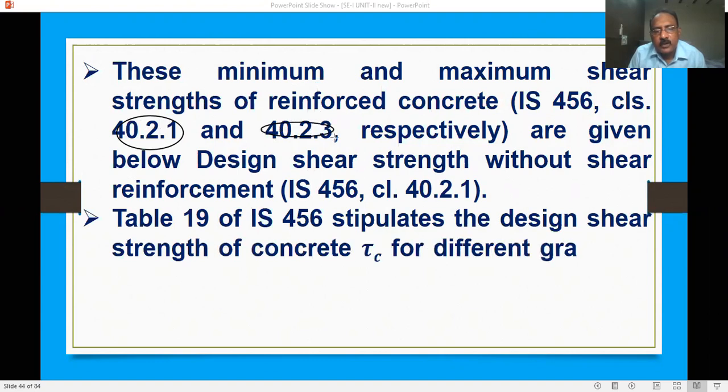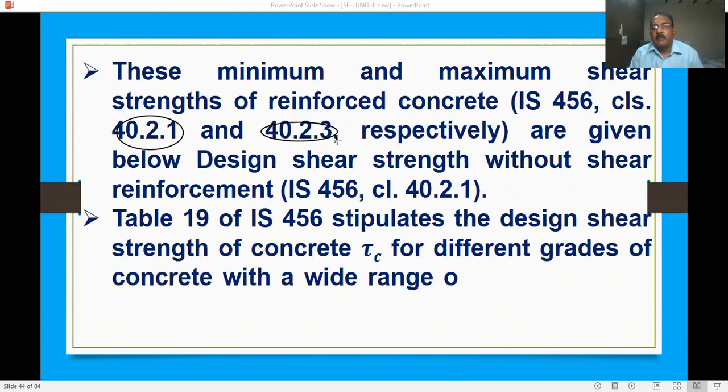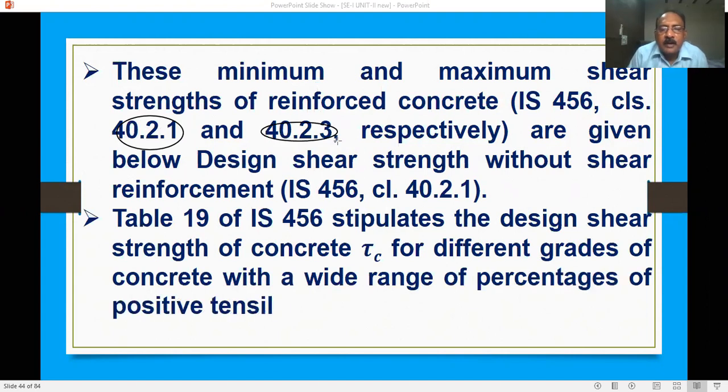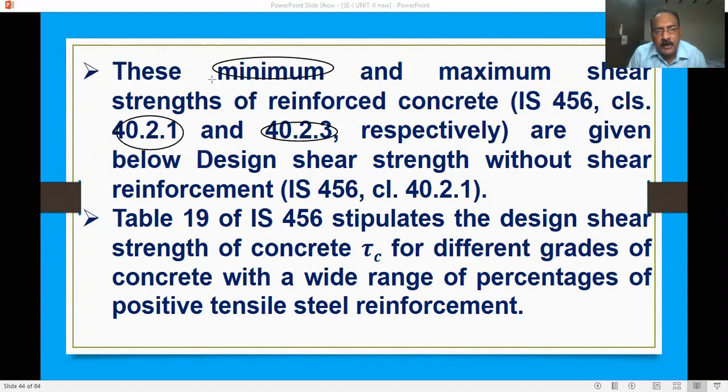However, I will show you in the next slide the minimum and maximum shear reinforcement of this clause given in the tables in IS 456. One is minimum reinforcement, which depends upon two factors, percentage of tension reinforcement and grade of concrete. Here maximum shear strength only depends upon your grade of concrete.